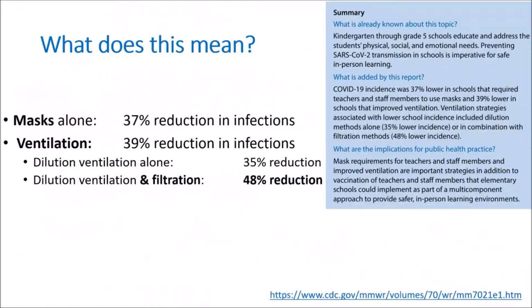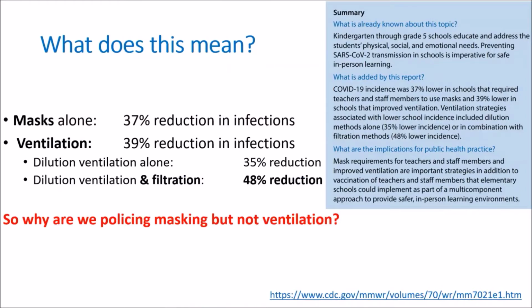What they found was that masks alone gave about a 37% reduction in infections, whereas ventilation was about the same. However, if you added filtration, it went up another 10 percentage points. So you kind of wonder, why are we policing masking so severely, but not ventilation? Since ventilation probably has the bigger impact.